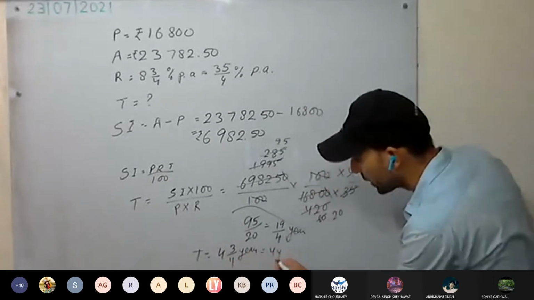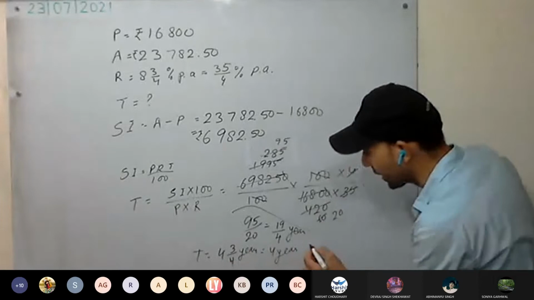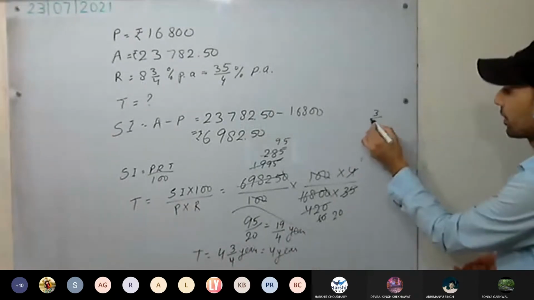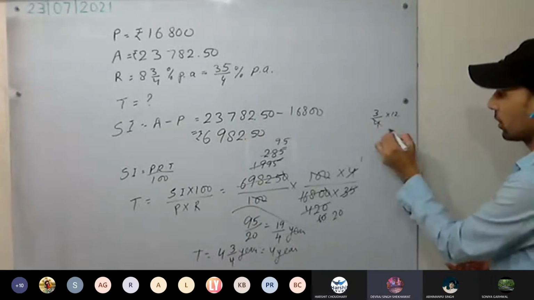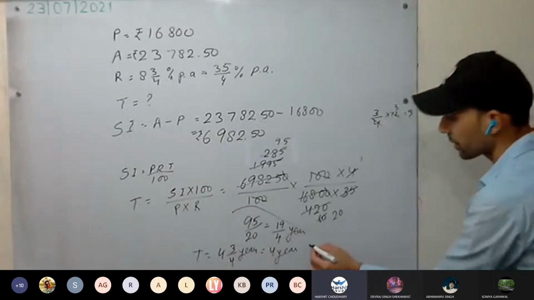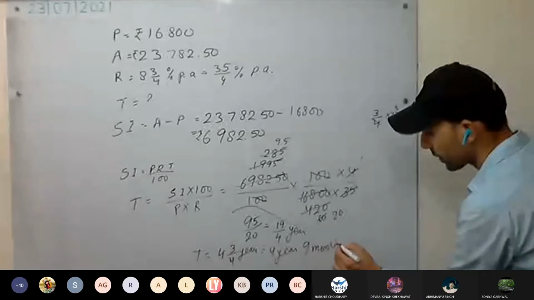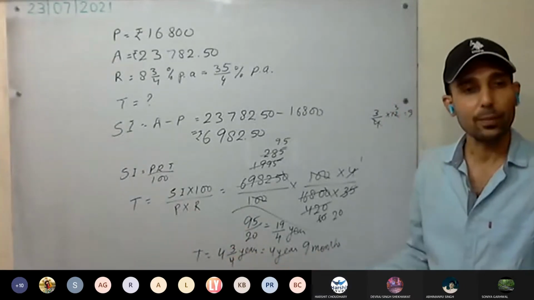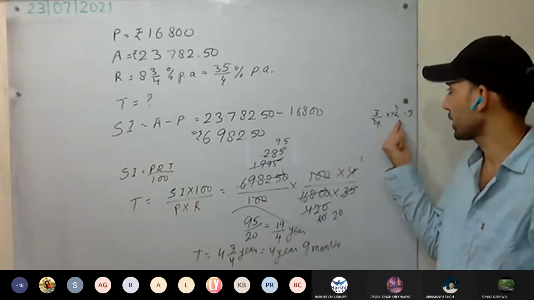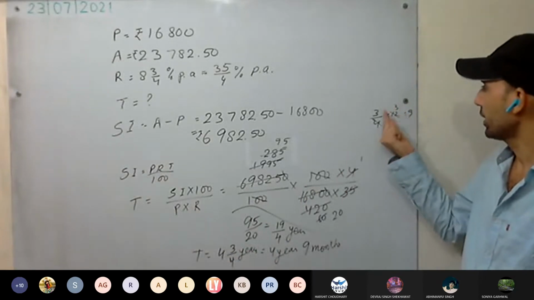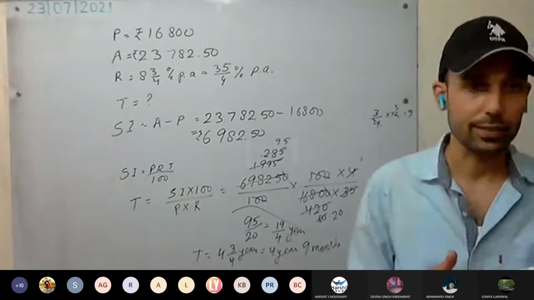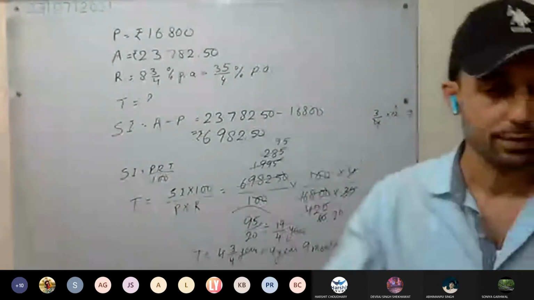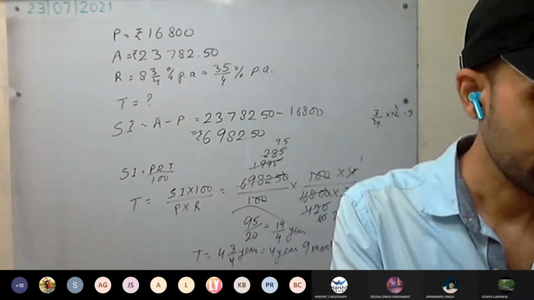You can write 4 years, and 3 by 4 years will be how many months? 3 by 4 into 12 is 9 months. So the time is 4 years, 9 months.